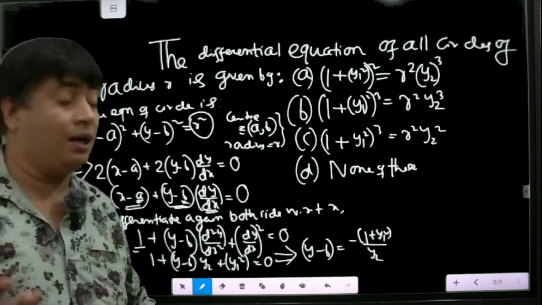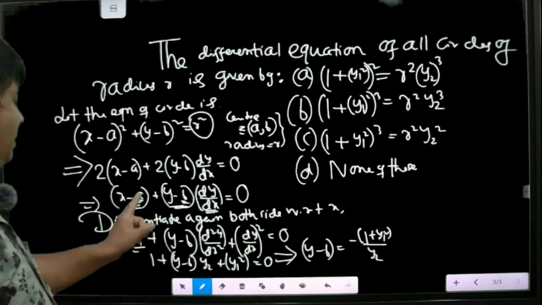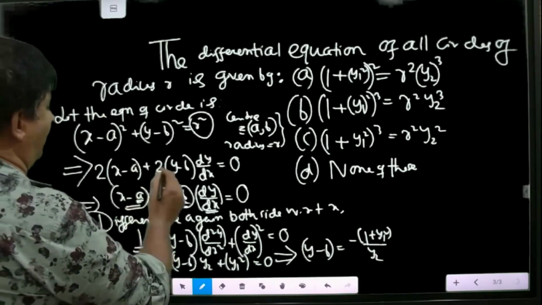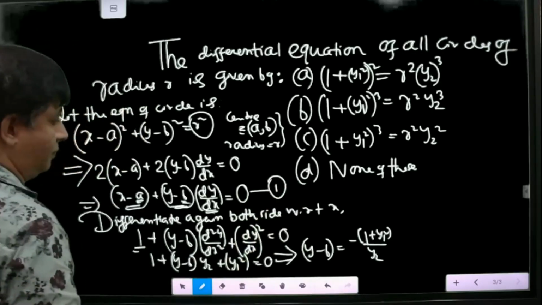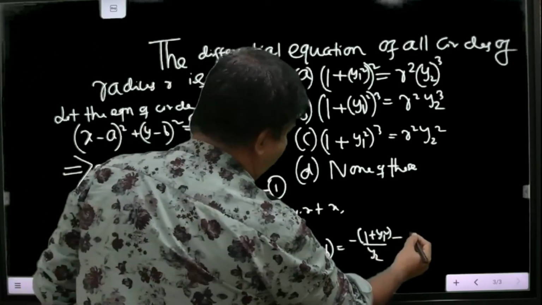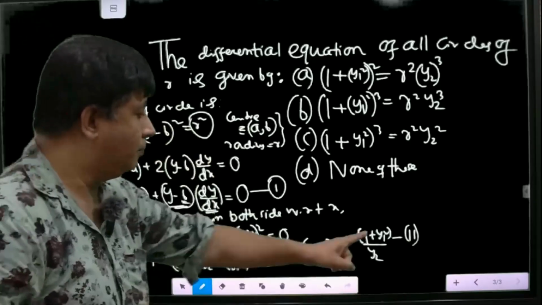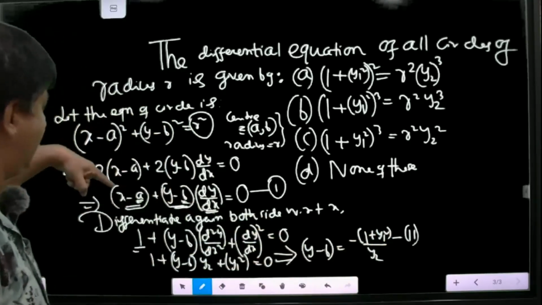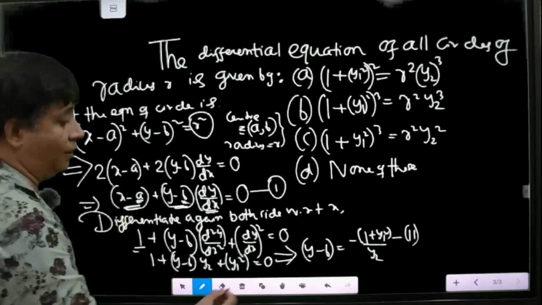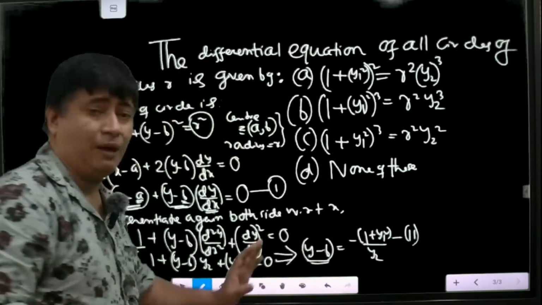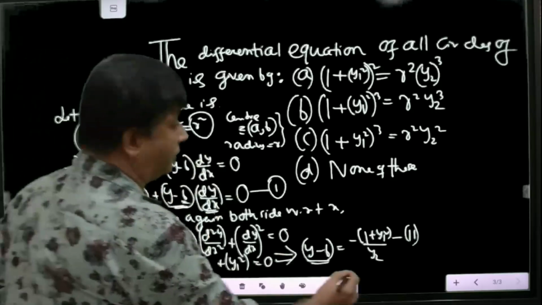But till now b is there. How can I remove that? See, let us label this equation by 1 and this equation by 2. Now, do one thing: put the value from 2 in equation 1 and get the value of x minus a. This is the y minus b we have got.